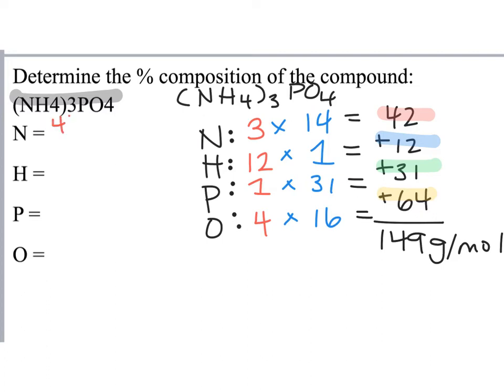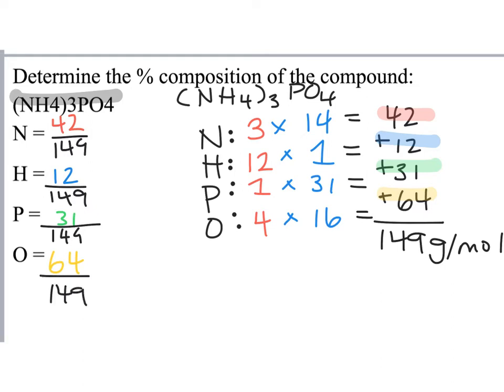So we're going to do 42 divided by the overall mass, which is going to be 149. Over here we're going to do 12 divided by the overall mass, 149. Here is going to be the phosphorus contribution, 31 over 149. And here we're going to do the oxygen's contribution, 64 divided by 149. Now all of these should be times 100%.